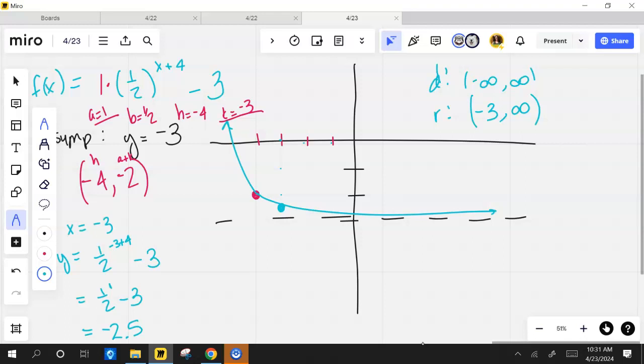Okay? Always parentheses, yep. How about the end behavior? As x approaches infinity, y approaches -3. And how about as x approaches negative infinity? Infinity.